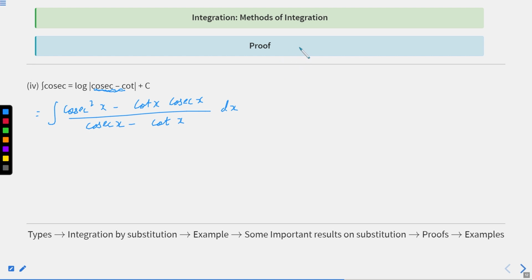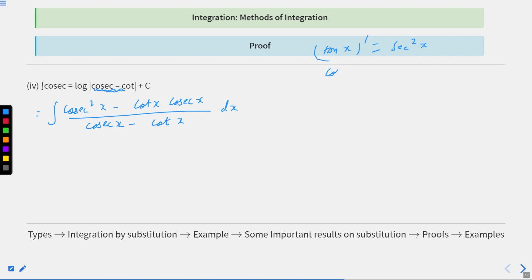One thing to remember: tan x derivative is sec square x.